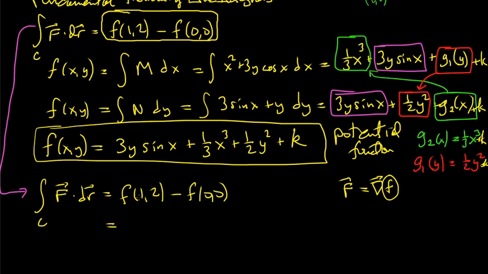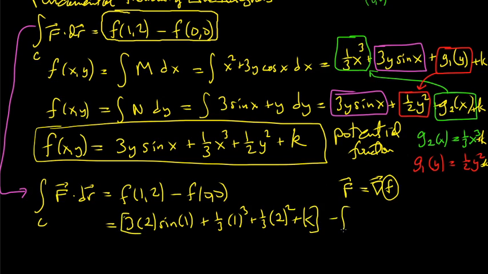So when x is 1 and y is 2, we get 3 times 2 times the sine of 1 plus 1/3 times 1 cubed plus 1/2 times 2 squared plus k, but that's going to subtract out here, right? So what happens when we plug in (0, 0)? Well, we get 3 times 0 times sine of 0, which is 0, plus 1/3 of 0, plus 1/2 of 0 squared, plus k, right?